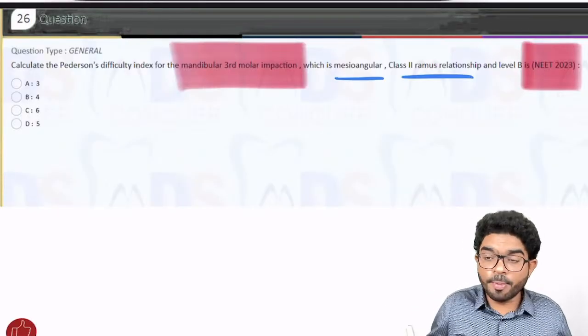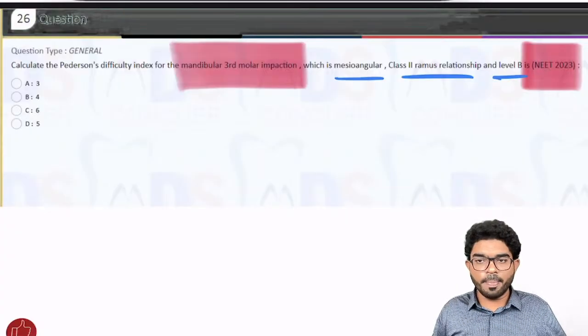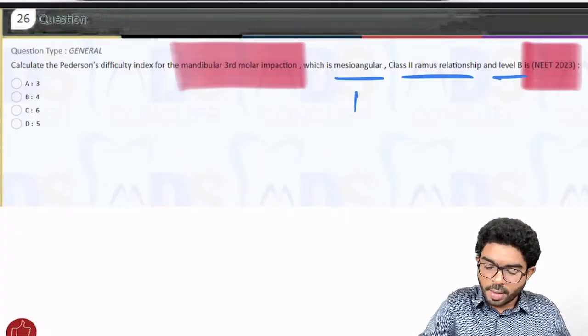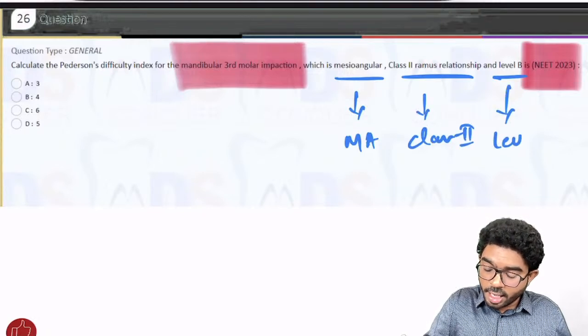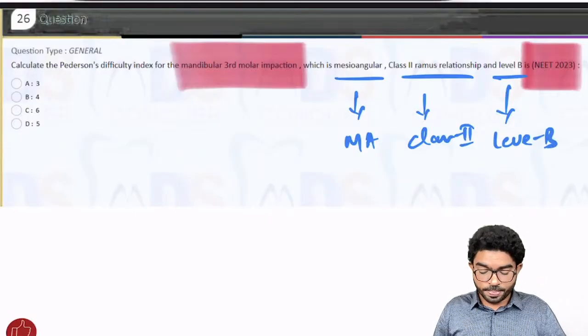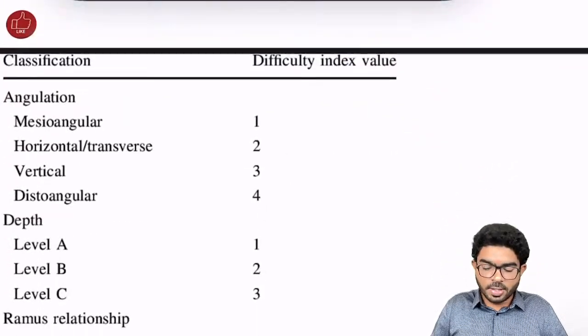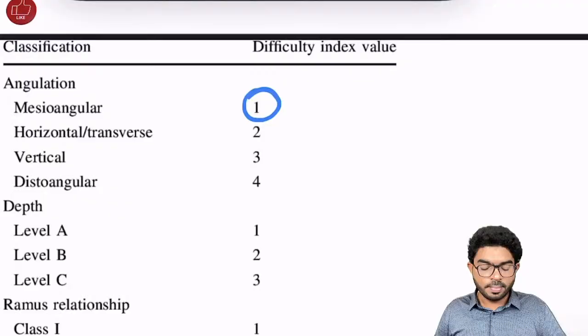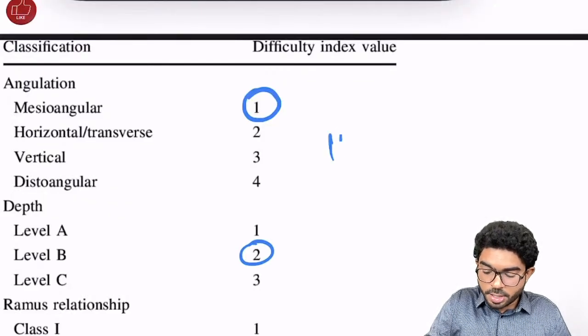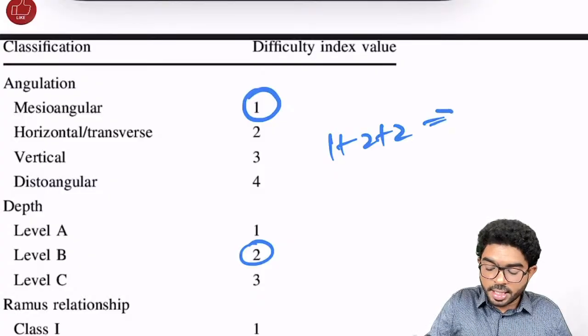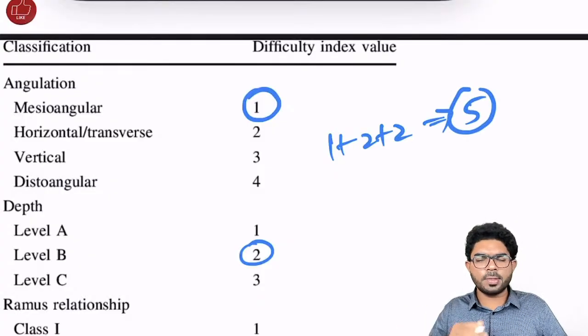And the level by which the bone is covered is level B. So 3 things we got: one is mesoangular, second is class 2, and the next is level B, with which you need to come to the conclusion. So difficulty index scoring: mesoangular is 1, level B is 2, class 2 is 2. So that is 1 plus 2 plus 2. The answer is a score of 5. Very important table, so many times repeated, in the last NEET examination also.